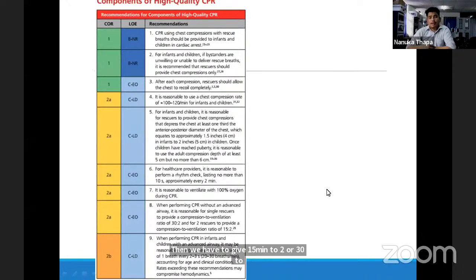But whenever a patient already has an advanced airway, like those patients who are in the PICU or in the ward where intubation has already been done, the rescue breath should be at least 1 breath in 2 to 3 seconds, which is around 20 to 30 breaths per minute. In that case, there may be dysynchrony with the 15:2 ratio, and the chest compressions will continue at 100 to 120 compressions per minute, whether or not the patient has an advanced airway.